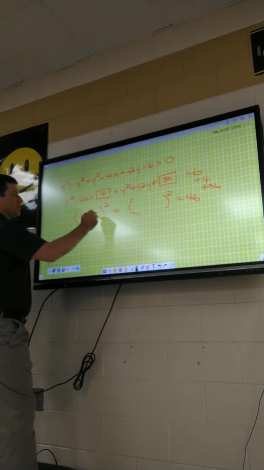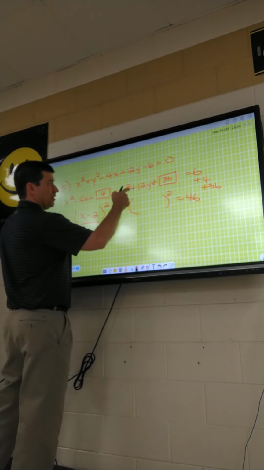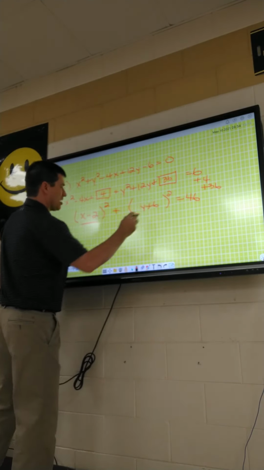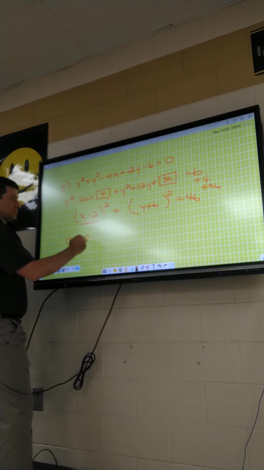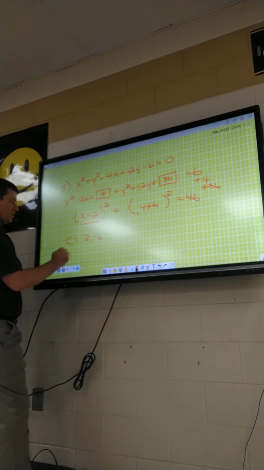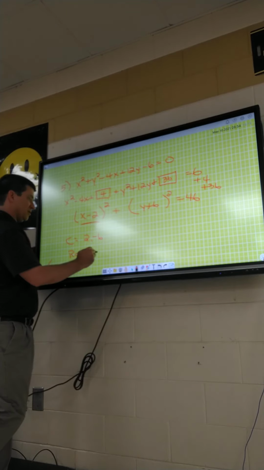Very good. Second parenthesis. Y plus 6. All right, what's my center? Positive 2, negative 6. Very good. What's the radius? 6.8. Very good.